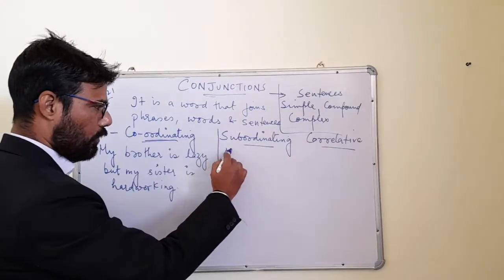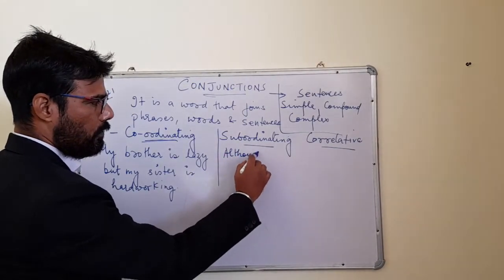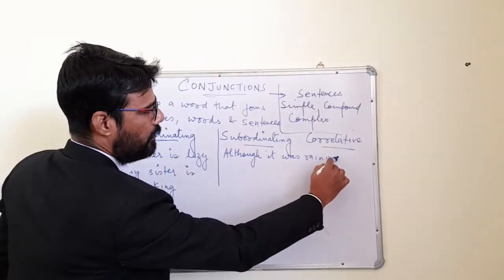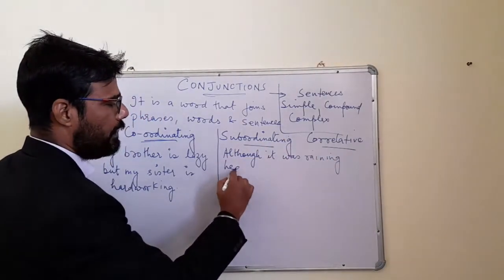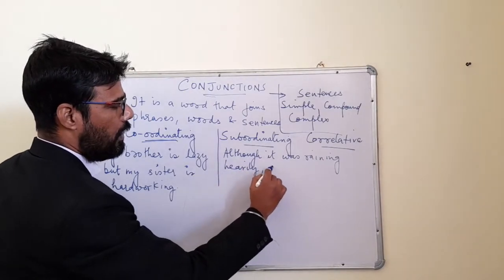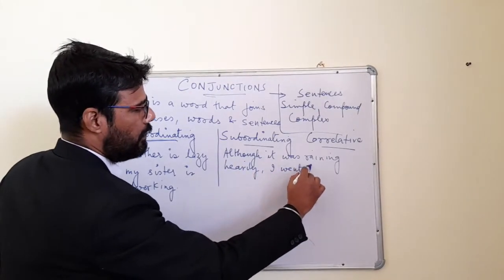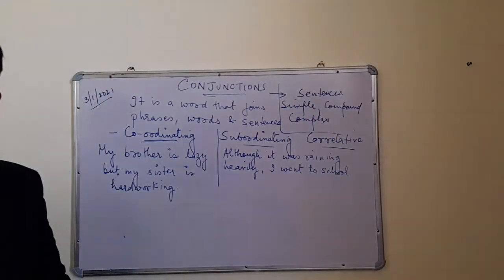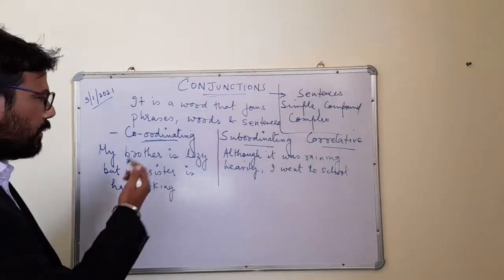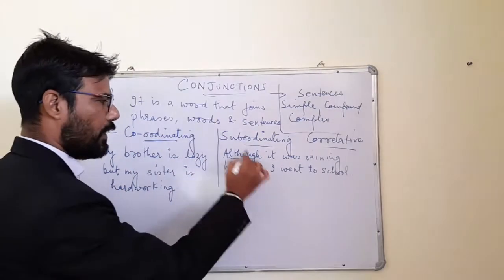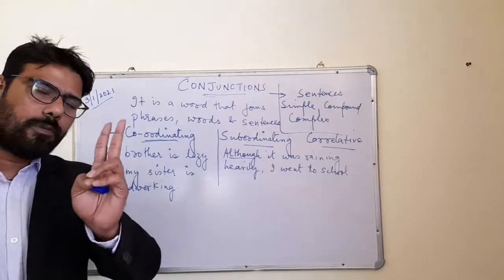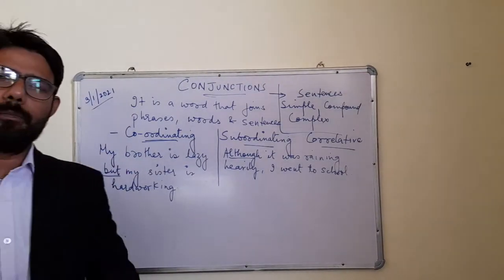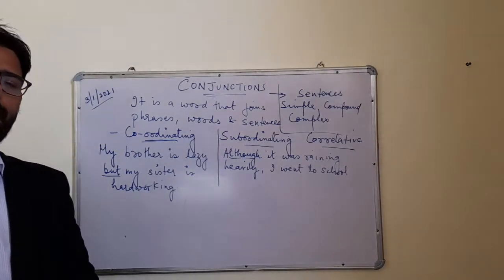Now, although it was raining heavily, I went to school, right? Now you would say that in both the cases, for example, although has been used to join two sentences, and the word but has also been used to join two sentences.